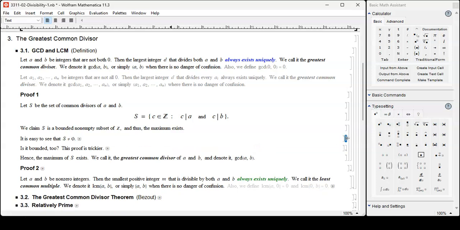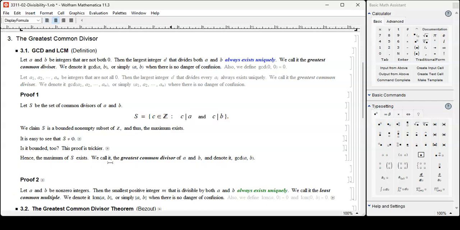How about bounded above? That's a bit trickier. We can consider this kind of argument. So select any C from S. So it's a common divisor, all right? C divides A and C divides B. Therefore, C is less than or equal to A. Well, not really.